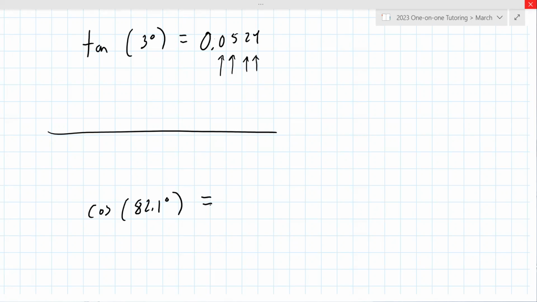Try again. Cosine of 82.1 degrees. 0.27748233. Nope. Try again. Well, I did all the best I can.